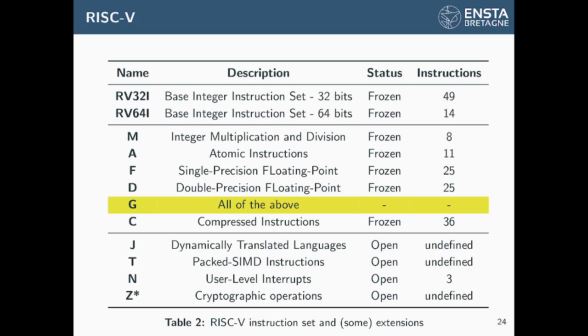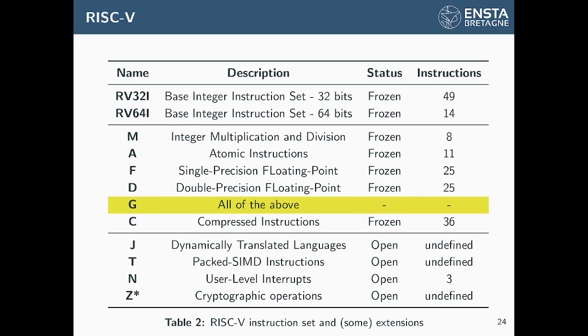when you would like to have your application target RISC-V, it's split in several extensions. You'd have a base integer instruction set for 32 bits, the same for 64 bits, and then you would have several extensions that each have a particular goal.